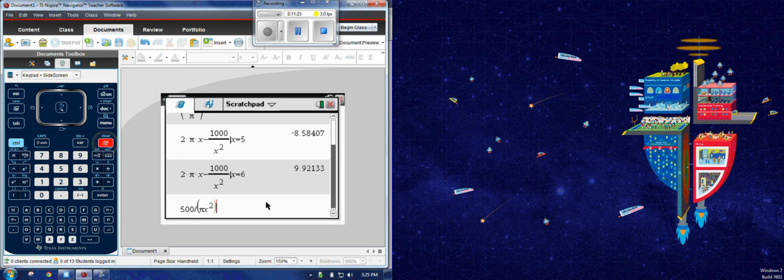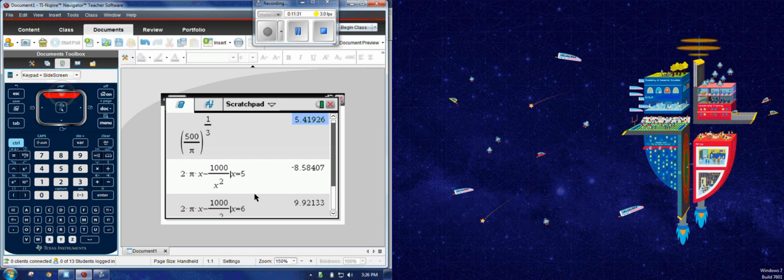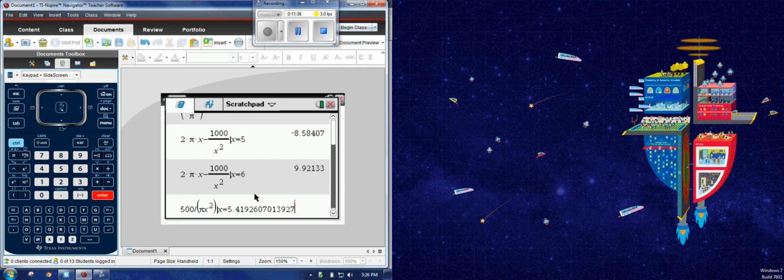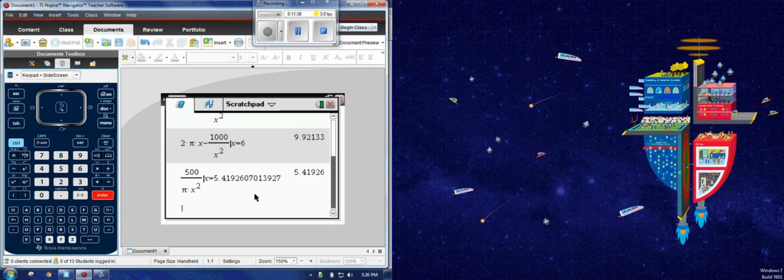This is personal preference. Okay, and then I'm going to say x equals, go up and highlight my exact value, and there's my height. And it actually turns out to be the exact same height. So when the radius is 5.419, the height is actually the exact same value.